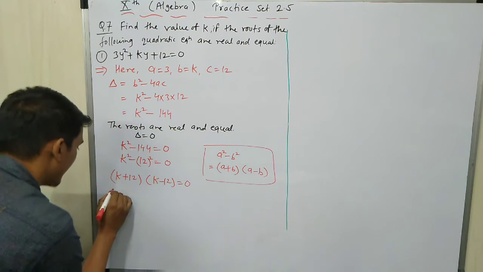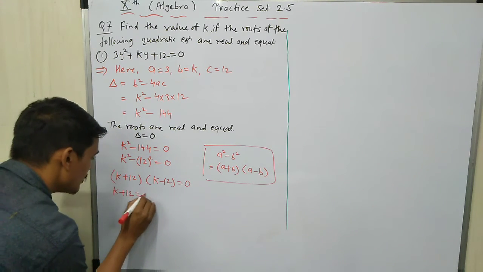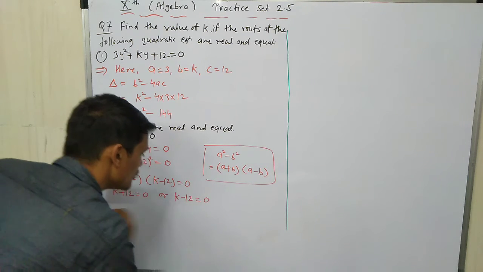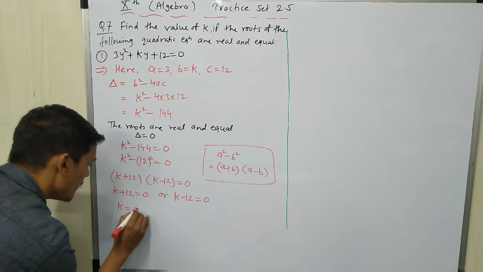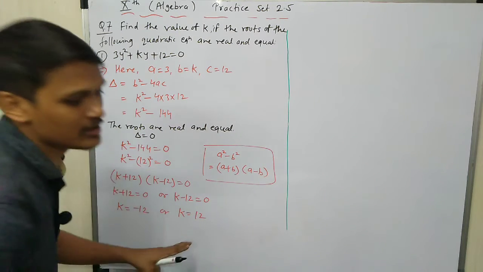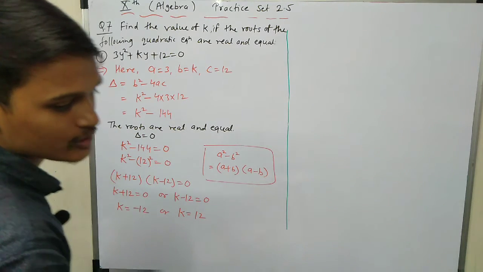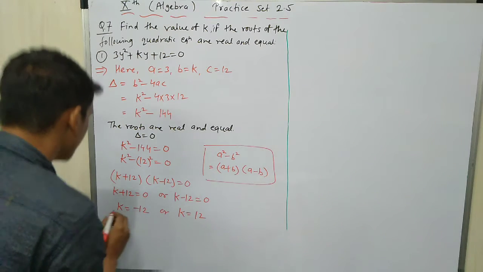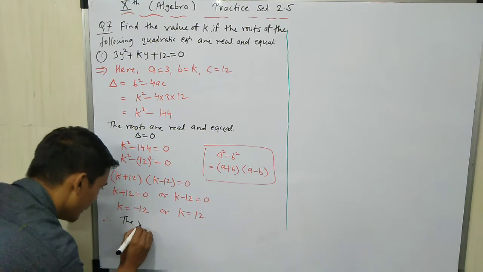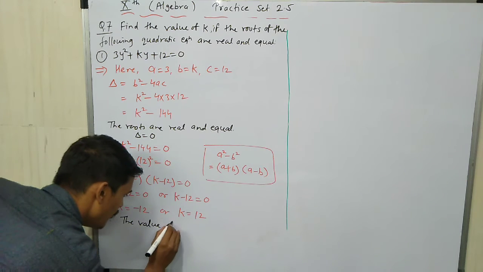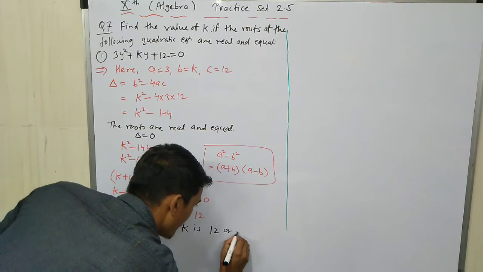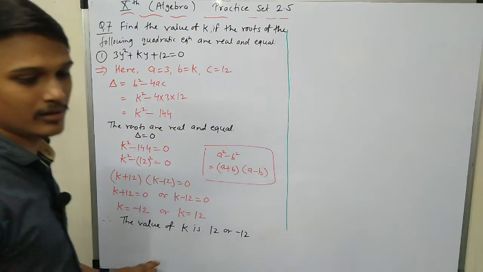First write k plus 12 is equal to 0 or k minus 12 is equal to 0. Now k is equal to minus 12 or k is equal to plus 12. The value of k is 12 or minus 12.